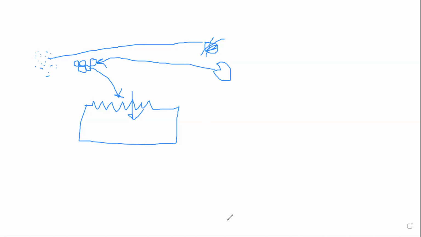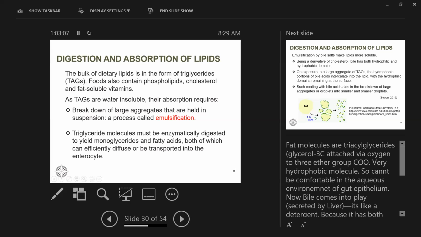Okay, so now let's go through the slides which have the same thing written. Triglyceride molecules must first be enzymatically digested to yield monoglycerides and fatty acids, so that they can simply diffuse inside the intestinal cell.